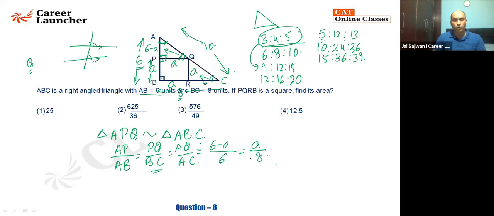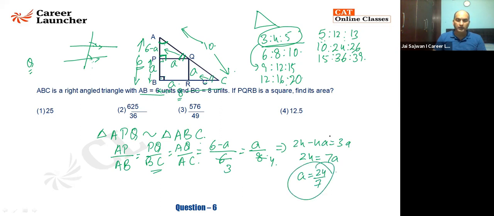Now I'm sure you can solve it from here. Cross multiply them, or 2 gets cancelled out. I'll say 2 3s are and 4 2s are. Cross multiply them. I'll say 24 minus 4a is equal to 3a, or my dear, 7a is equal to 24, or a is equal to 24 by 7, which is the side of the square. Fine. So this value we are already aware of.